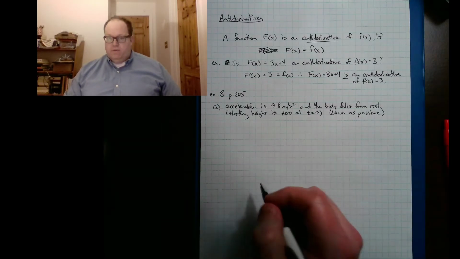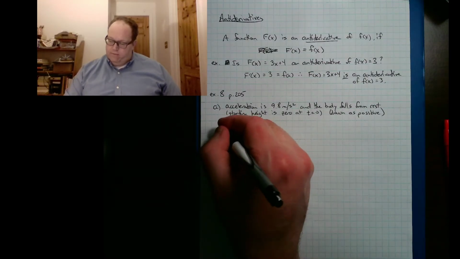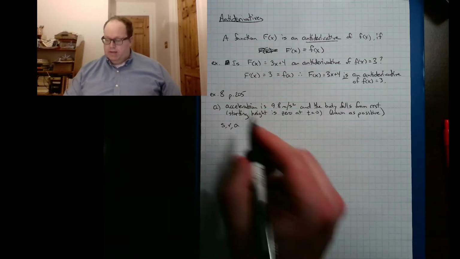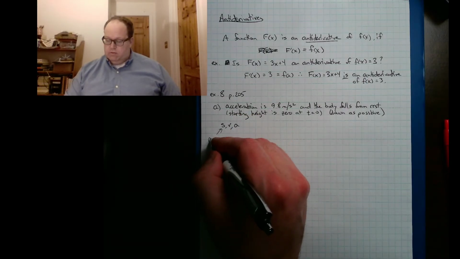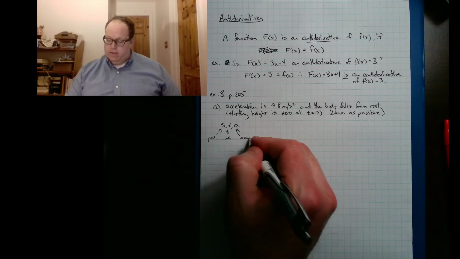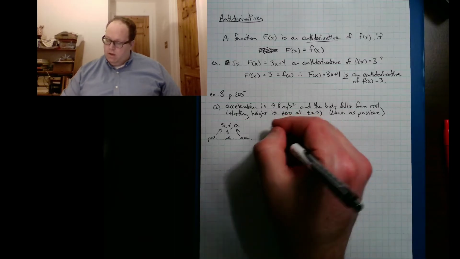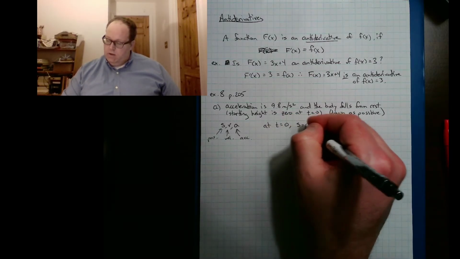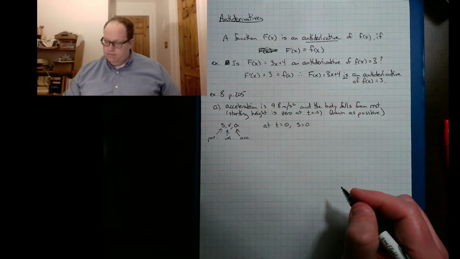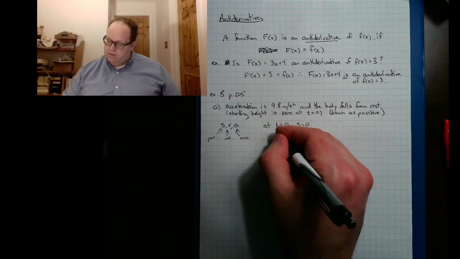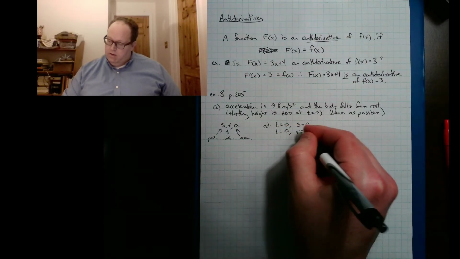So this implies a few conditions. If I have s, v, and a as my position, velocity, and acceleration accordingly, I know at t equals 0, s equals 0 from here. If the body falls from rest, I also know at t equals 0, v equals 0.